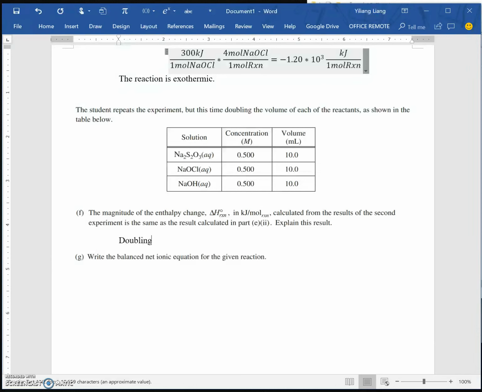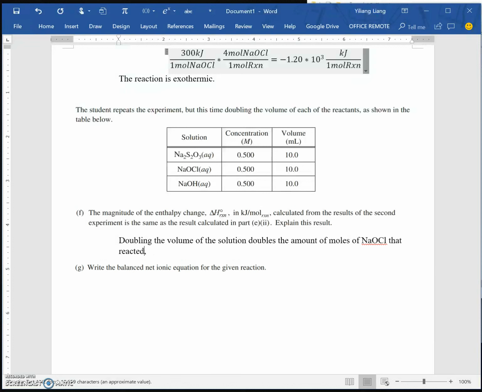So doubling the volume of the solution doubles the amount of moles of NaOCl that reacted. So it should also double the total enthalpy change.